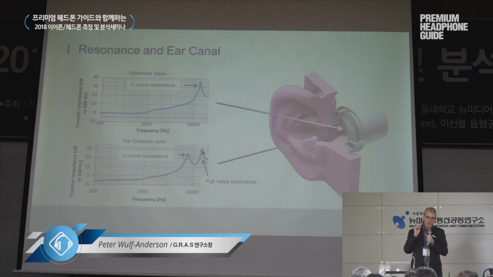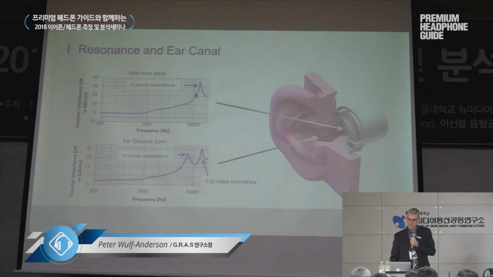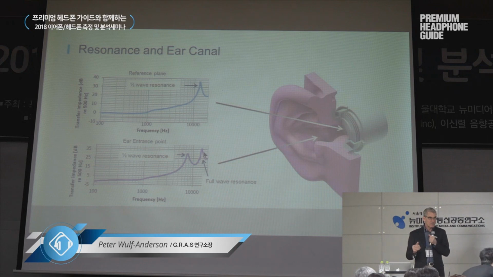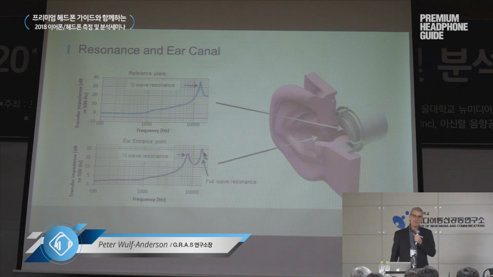So not only do we have a resonance with a very, you could say, sharp peak here on the picture, but we can also have that resonance moving and even having the full-wave resonance being visible, and that will, you could say, complicate your high frequency measurement even more than just one resonance.